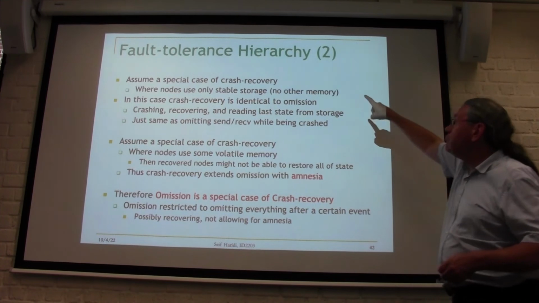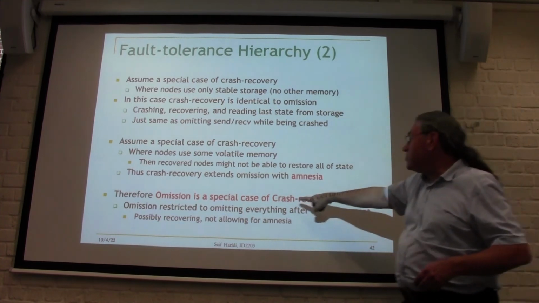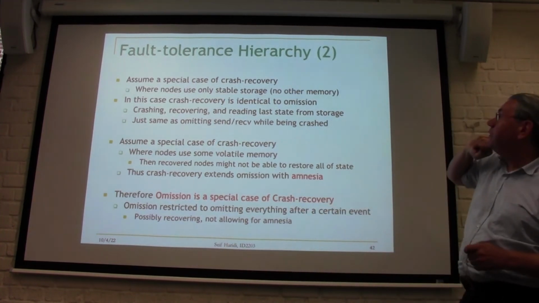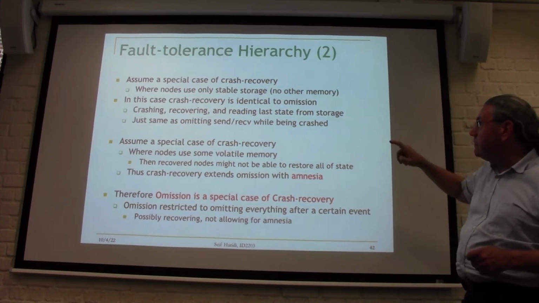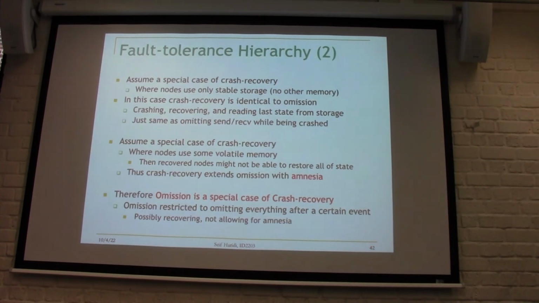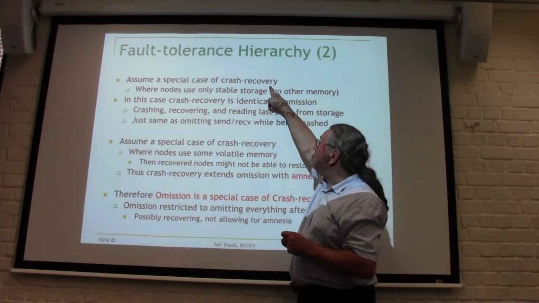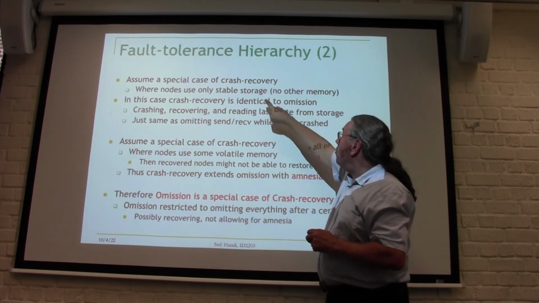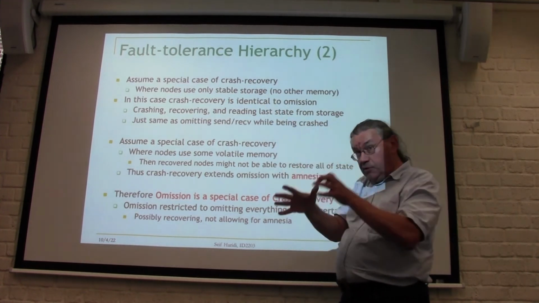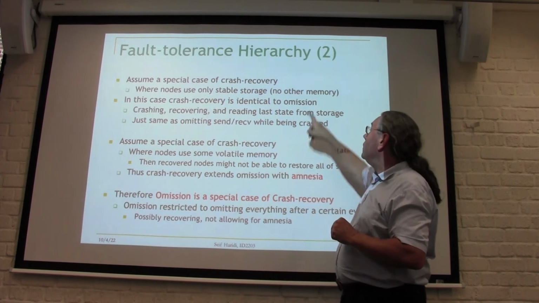Okay, so crash recovery, omission is actually a special case of crash recovery. And the way to see that is to see how you can implement omission using crash recovery. Assume you have a special case of crash recovery when you only have stable storage, only the permanent and not temporary.